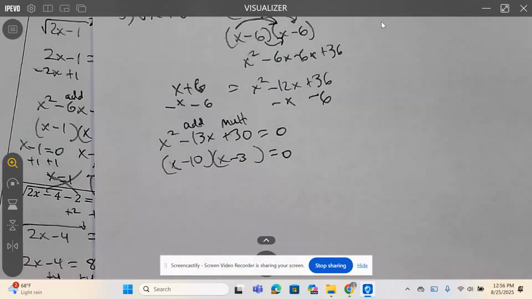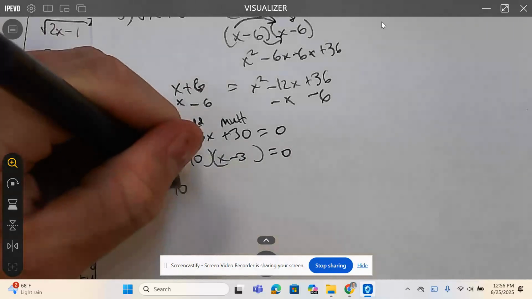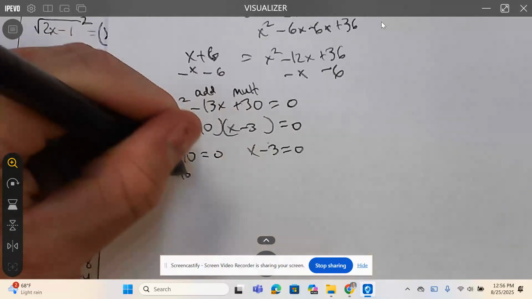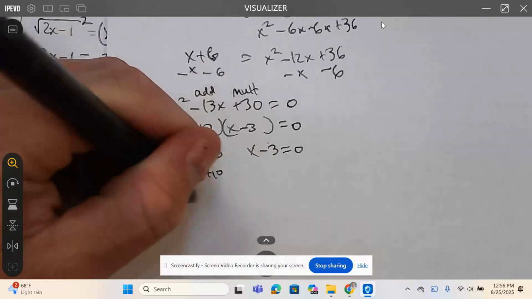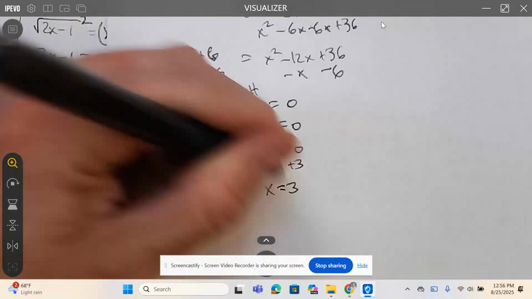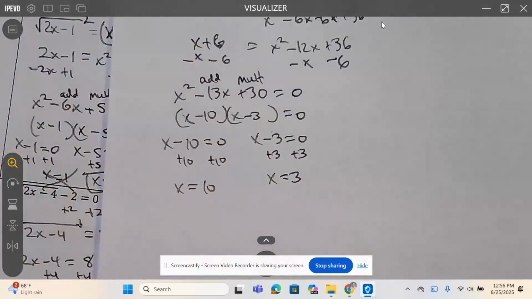Set them equal to 0. Add 10, add 10. Add 3, add 3. So those are my two solutions initially, but one of them's not going to work.